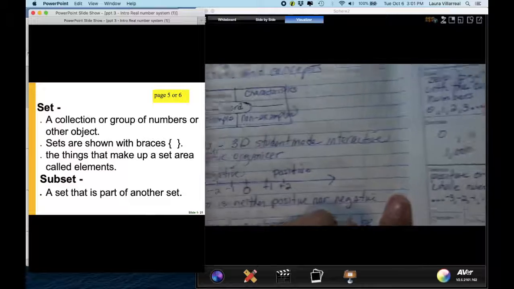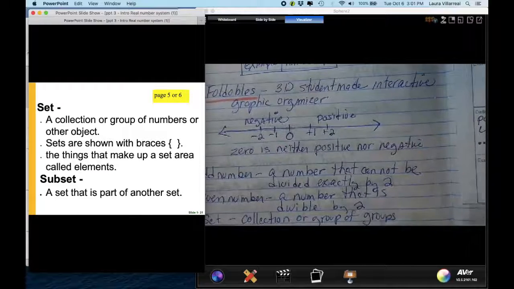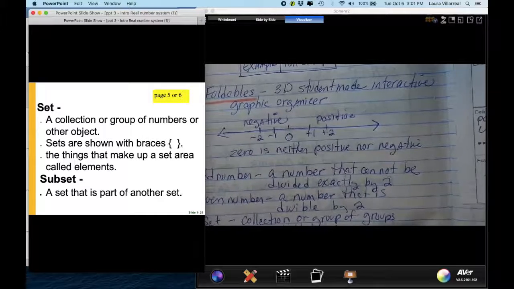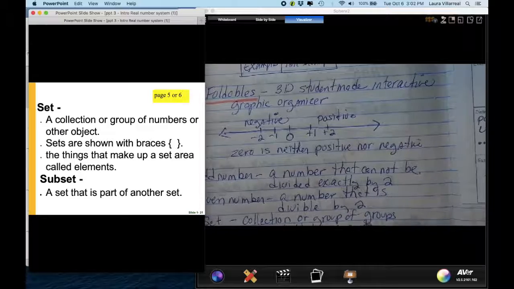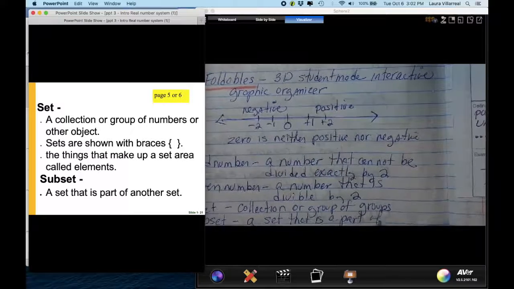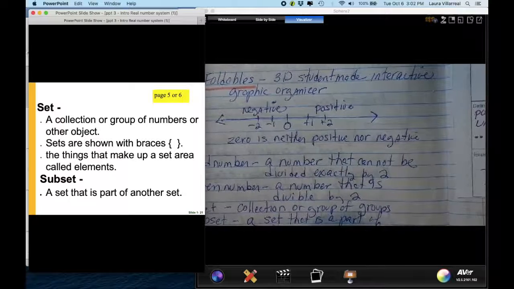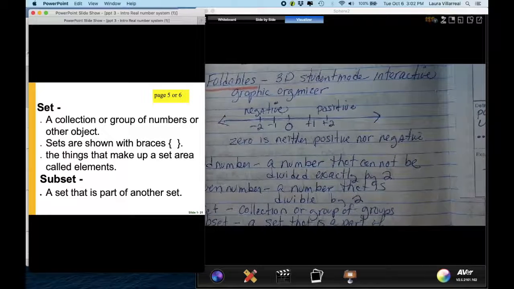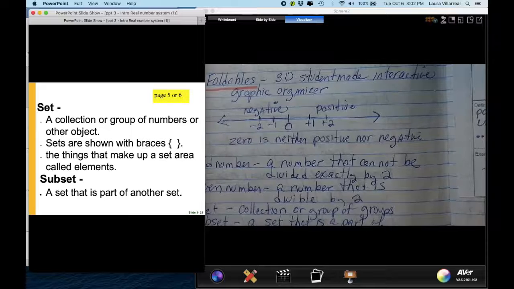It is a group. A subset is a part of another set, a set that is a part of another set. So even numbers would be a subset of the whole numbers.